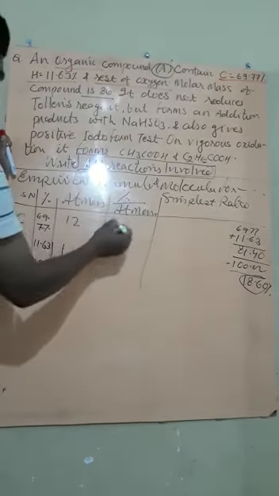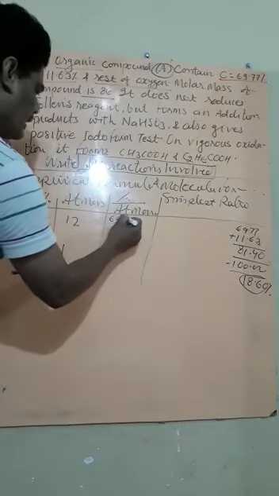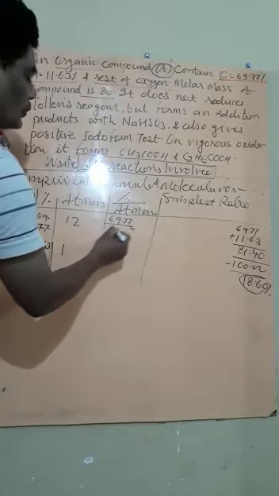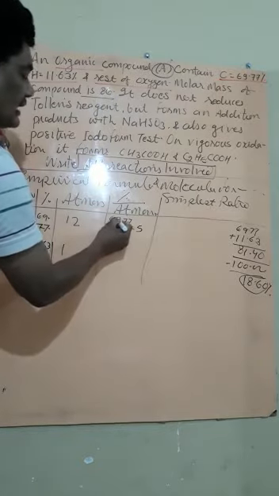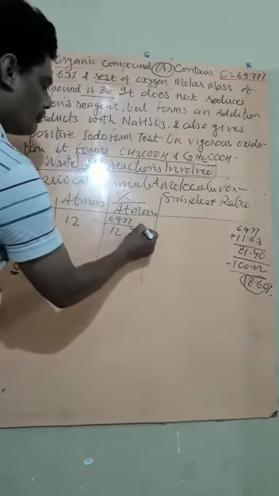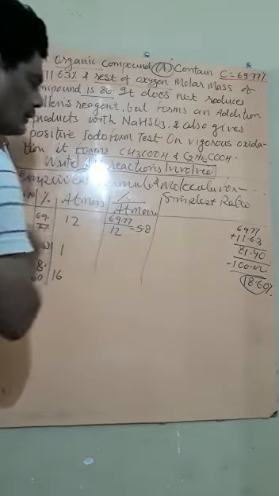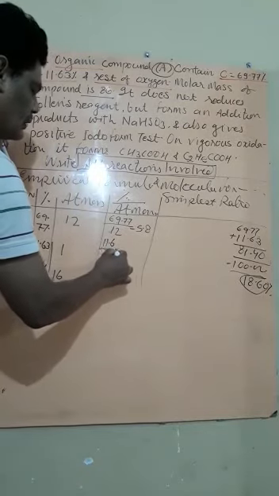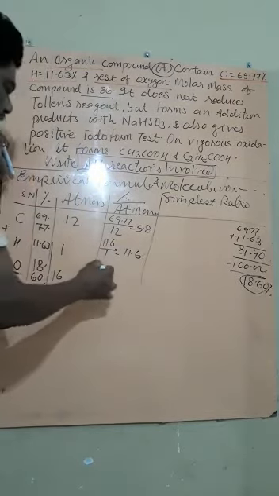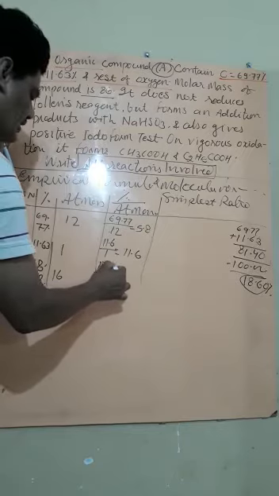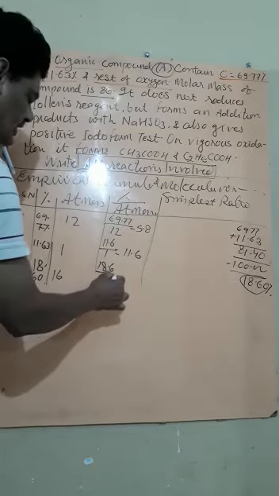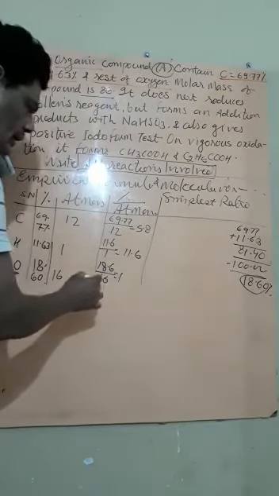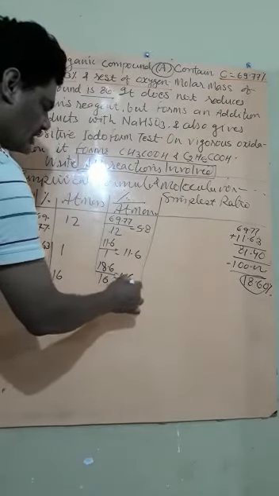Now percentage divided by atomic mass: 69.77 divided by 12 is equal to 5.8. Then 11.6 divided by 1 is equal to 11.6, and 18.6 divided by 16, the atomic mass of O, is equal to 1.16.